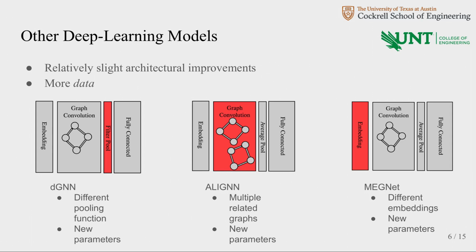So we have two graphs which are very related to each other, and these two graphs are changed in conjunction. Very cool. It also adds a few new parameters. And then the final network that we're going to be talking about, there are a lot of different network variants, but these are the three big ones, is MegNet, which just changes the embedding layer at the very front and adds a few new parameters.